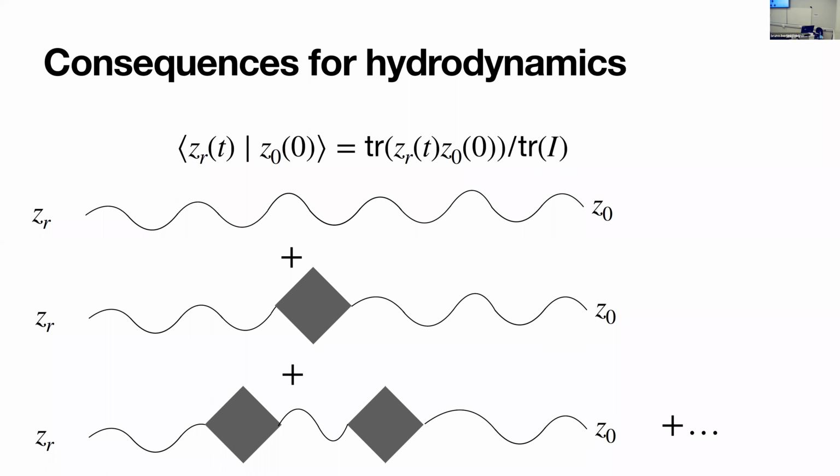But provided the diagram is exponentially suppressed, provided these boxes are exponentially suppressed in L star and also suppressed in the temporal duration of the box, then this series is well behaved. Because we'll know that each of the boxes is suppressed and there's basically a geometric series associated with each of the boxes.